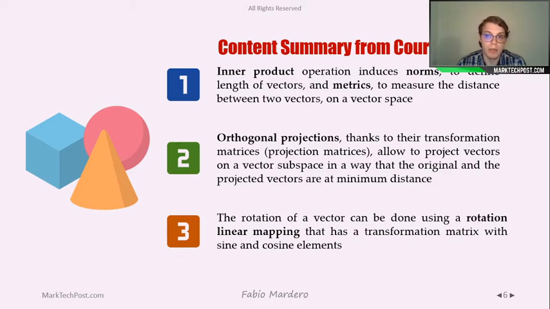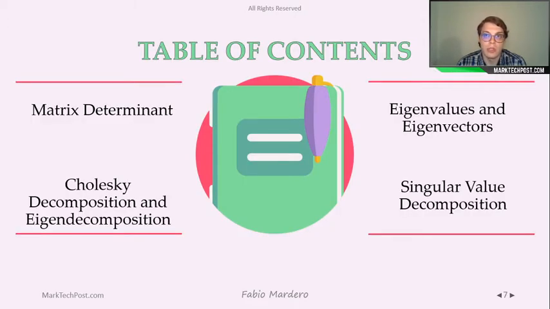We've seen another type of special linear mapping, which are the rotations, and we've seen that their transformation matrix is characterized by sine and cosine elements. So in the third course, when we talk about matrix decomposition, we will see and define the matrix determinant, the eigenvalues and eigenvectors, the Cholesky decomposition and eigendecomposition, and the singular value decomposition.